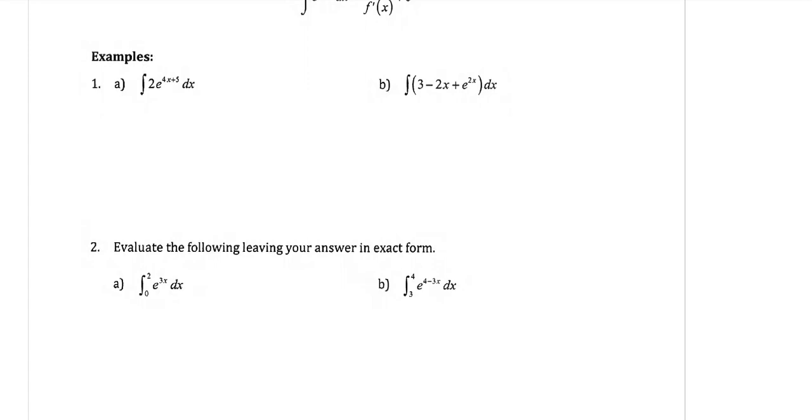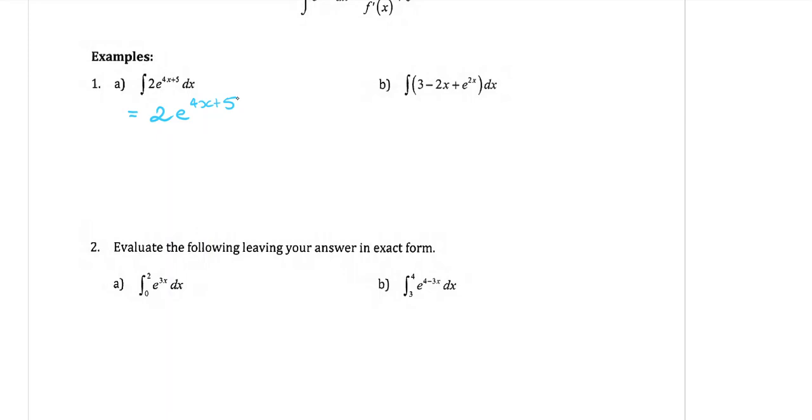Okay, so here we go. Question number 1. Integrating 2e to the 4x plus 5. So I'm going to ignore the 2 that is out the front, and I'm going to do my integrating with that e to the 4x plus 5, which is going to stay the same.